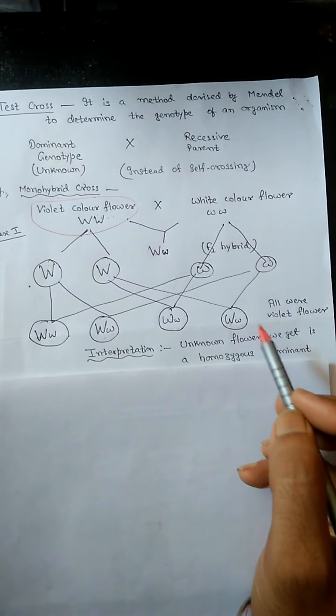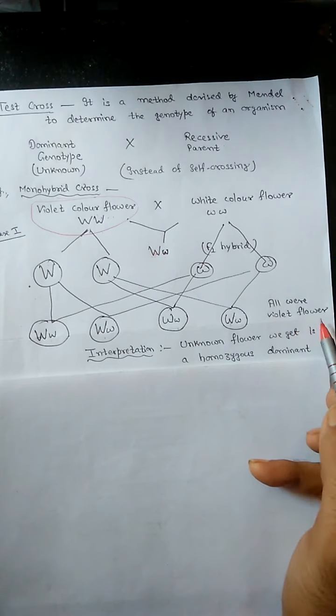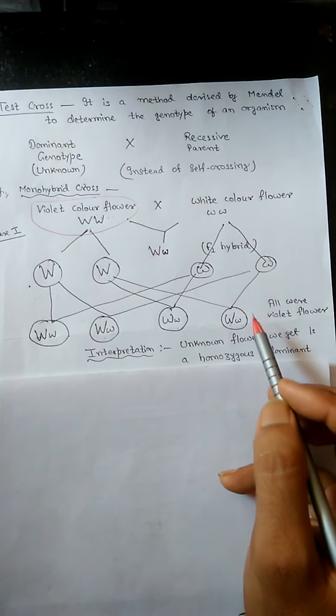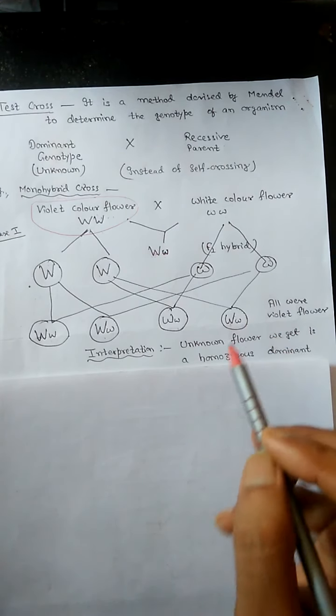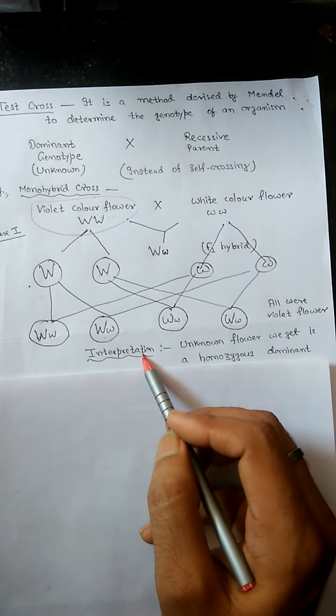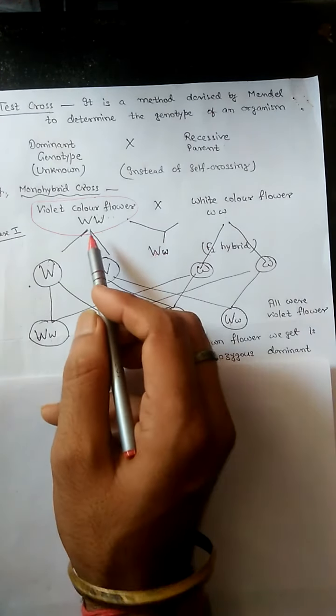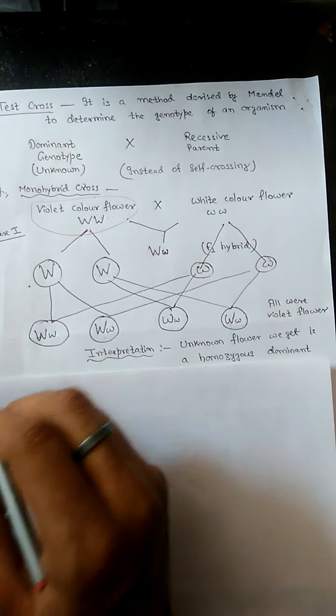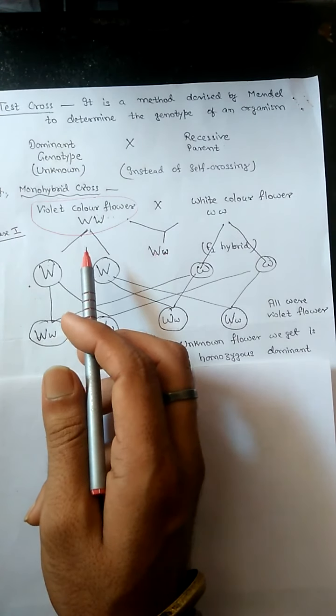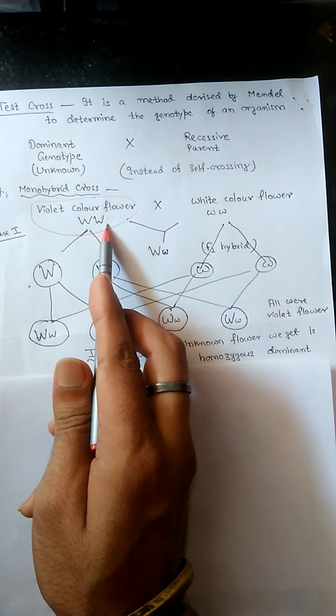In this way, we obtain all violet flowers in the F1 generation. Through this we get the conclusion that the unknown flower type is homozygous dominant.